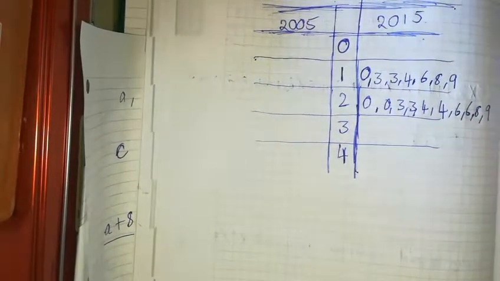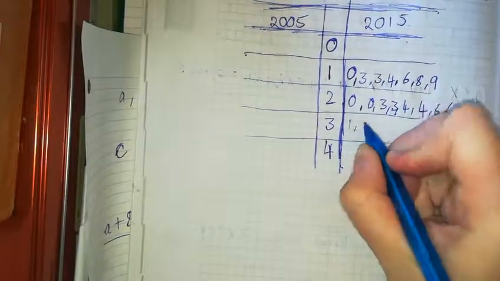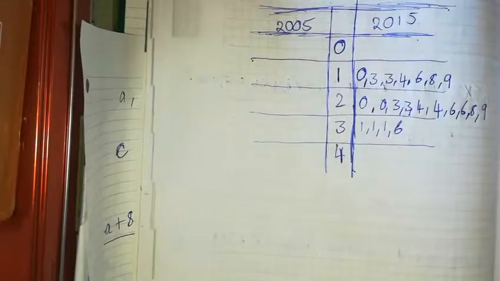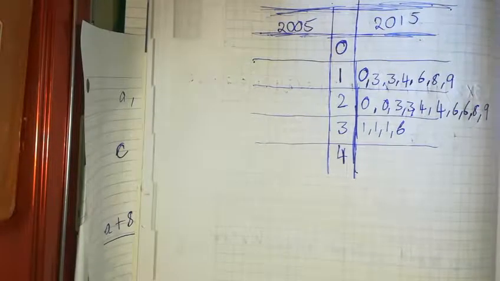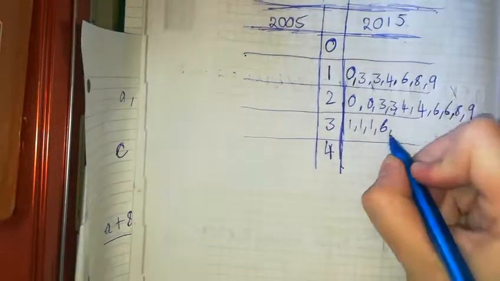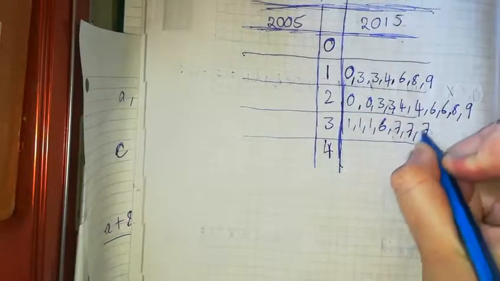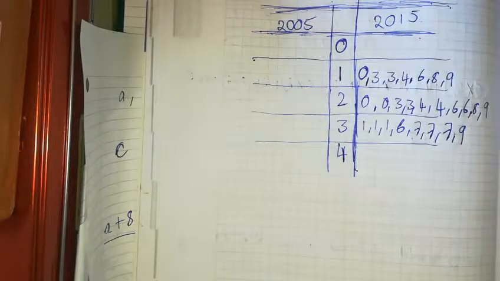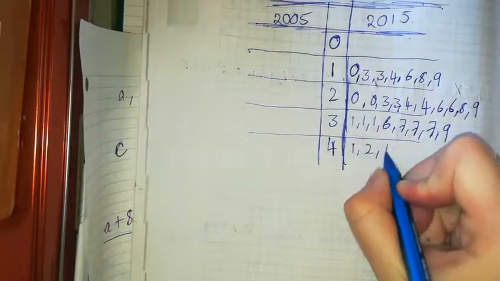For the 30s we have 3 31s, then 36, then 3 37s, and then a 39. And we have a 41, a 42, and a 44.